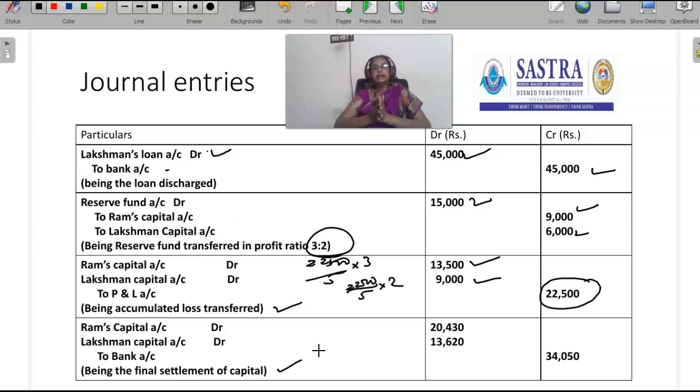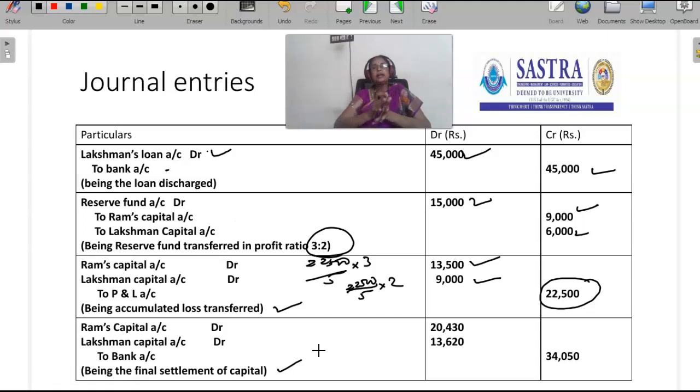Then they settle the loan account of the partners, and Mrs. Ram's loan account is taken care of by Mr. Ram, the partner, and so her loan account should be transferred to Ram's capital account.